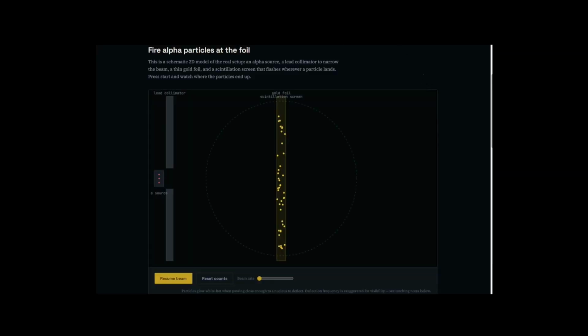So if we look at the experiment, we're going to start firing these beams off. So here come the helium nuclei. We're firing them at fairly low energy, and again, this is not to scale, and this is certainly not in the ratio that you would expect.